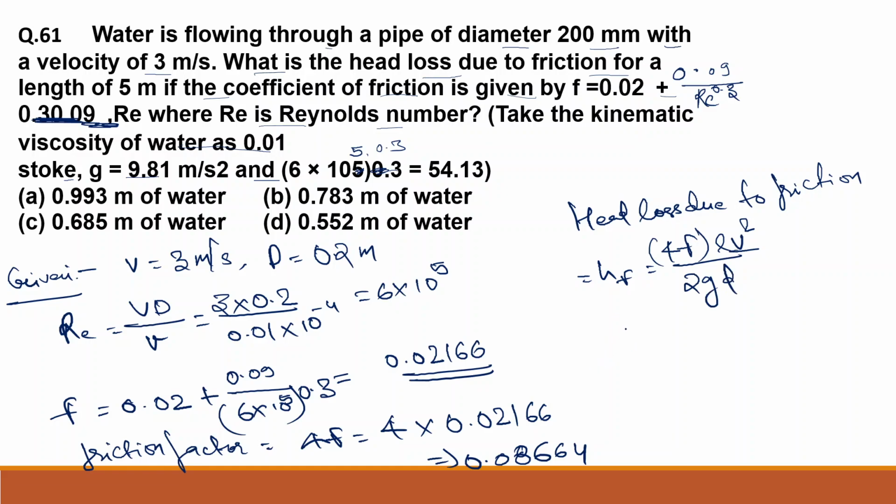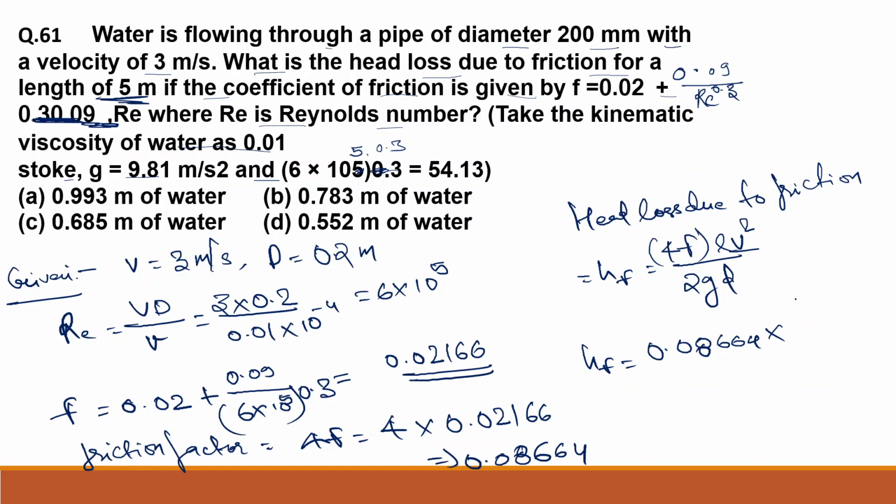After that we will apply all the values. 4F I have got 0.08664, into L value is 5 meter. Here the length is given 5 meter.